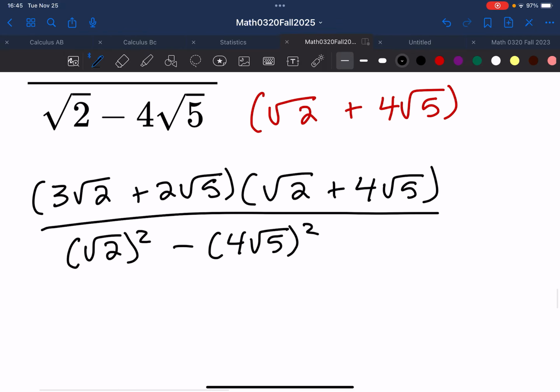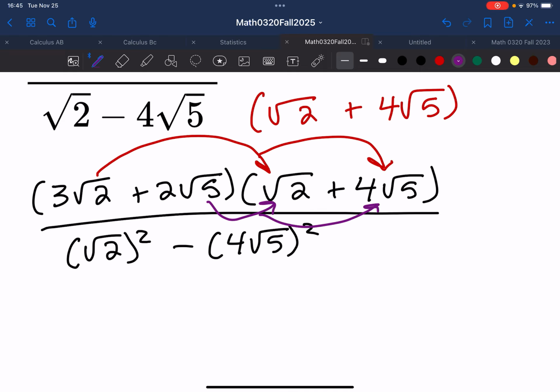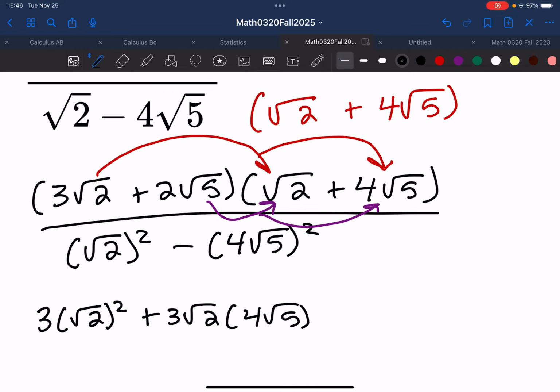Okay, but before I do that, I'm going to go and I'm going to FOIL out to simplify my numerator. So on the top, I have 3 square roots of 2 times square roots of 2. So this is 3 square roots of 2 squared. And then 3 square roots of 2 times 4 square roots of 5. And then on the bottom with the purple arrows, I have 2 square roots of 5 times square roots of 2.